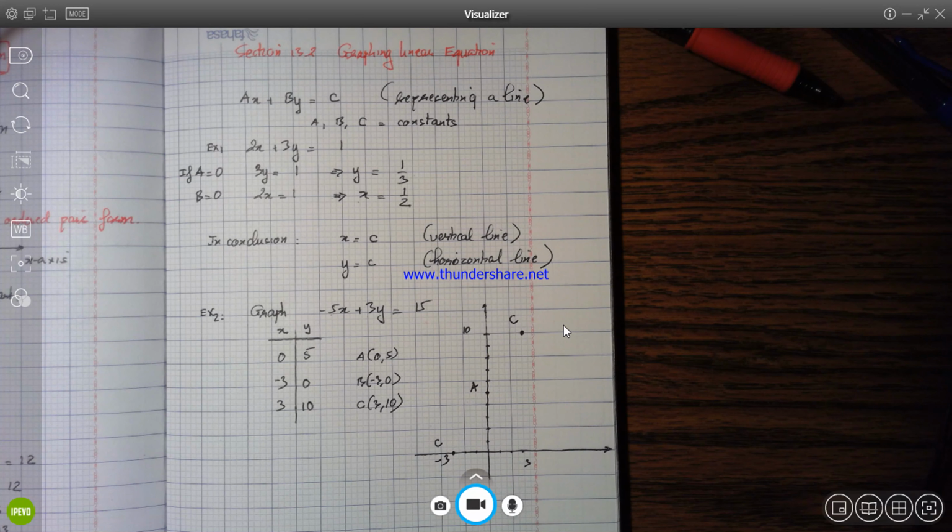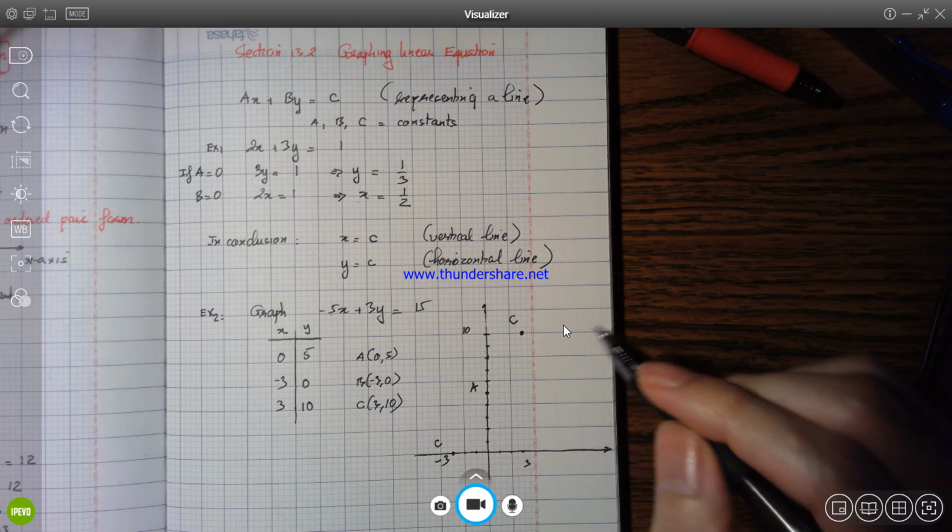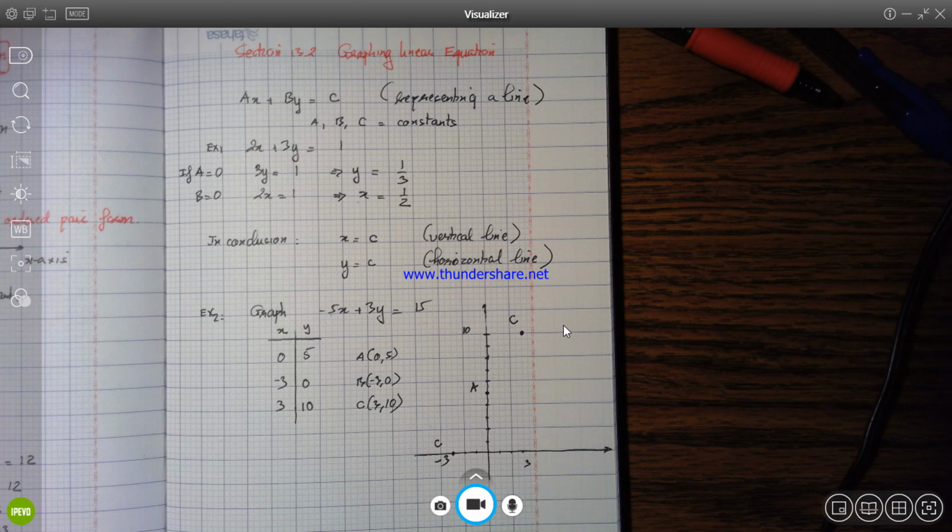I'm going to get a ruler. Where's my ruler? It should be around here. I don't know where I threw it away. That's kind of strange.